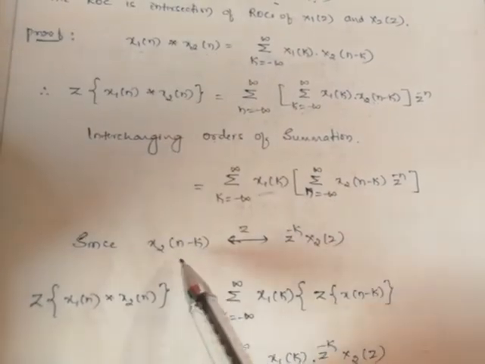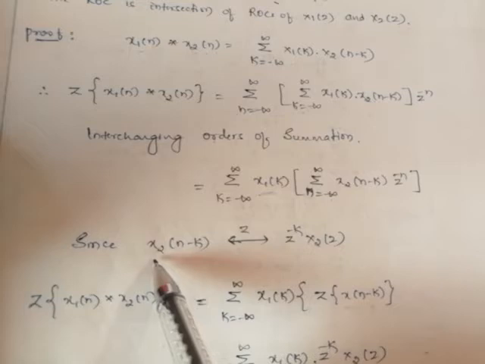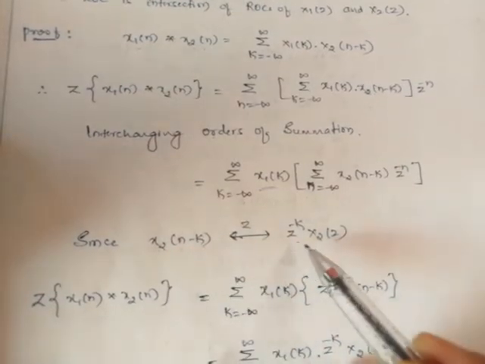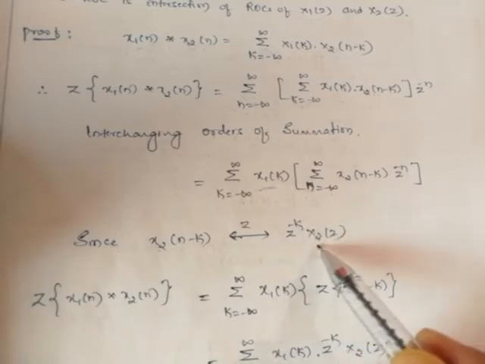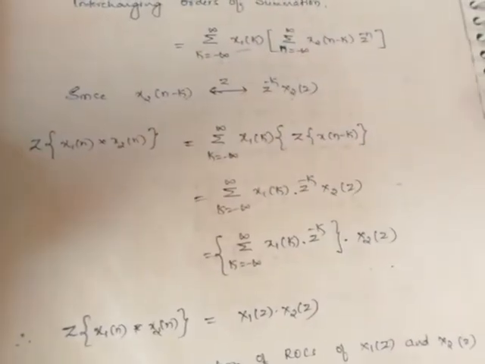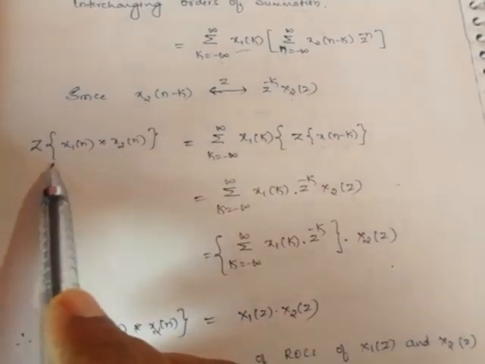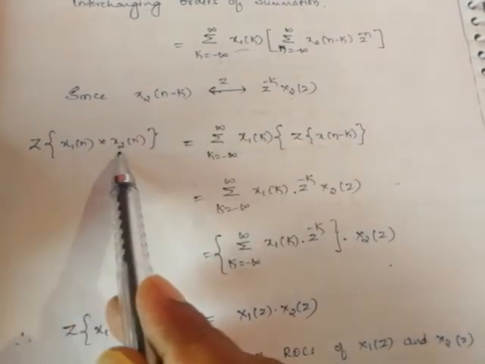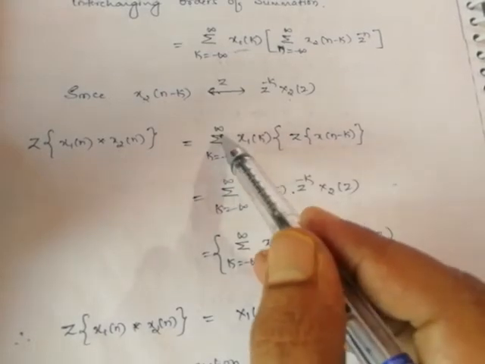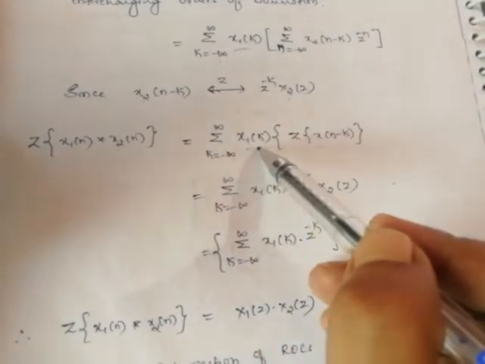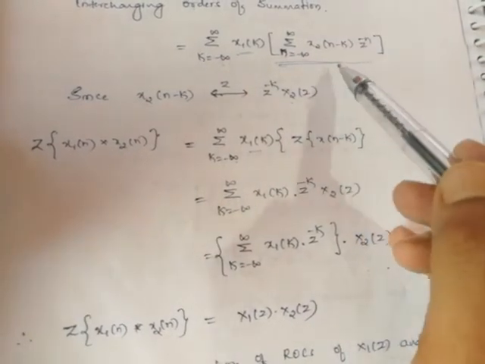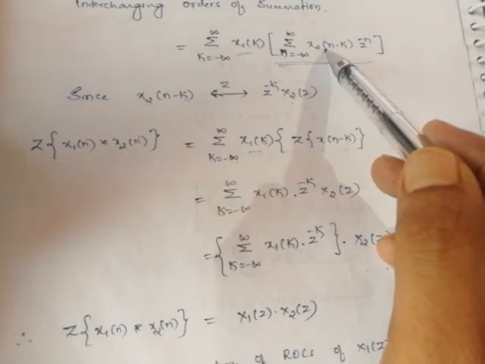Since we already discussed the time shift property, we know that the z transform of x2 of n minus k is z to the power minus k x2 of z. Let us make use of this property here. Hence the z transform of x1 of n convolved with x2 of n equals summation k equal to minus infinity to plus infinity x1 of k as it is, and the remaining part indicates the z transform of x2 of n minus k.